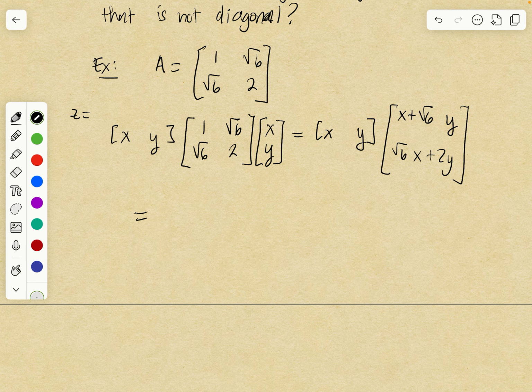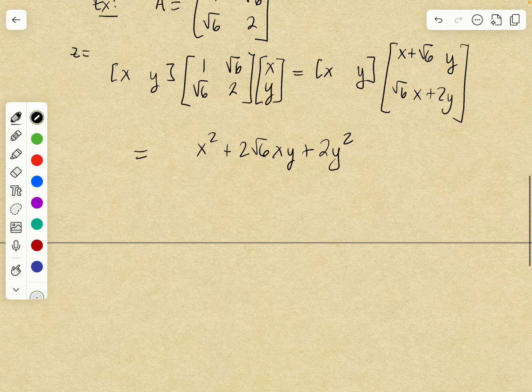And this is going to be x squared plus 2 root 6xy plus 2y squared. And the question is, when you graph this, what do you get? If you wanted to graph this function z equals this, what does the graph look like?